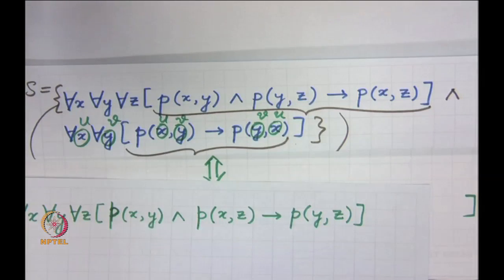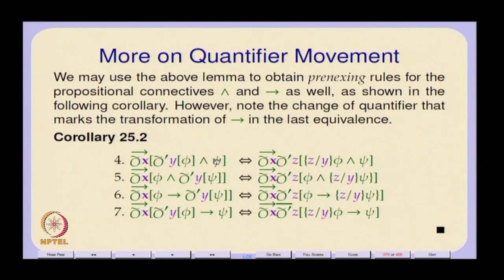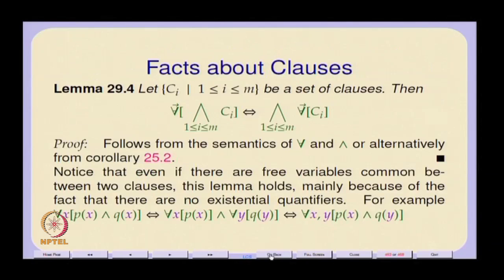Okay. So here is the reference. So this quantifier movement essentially tells us that we can do all these kinds of manipulations. Okay. So that's what our universal closure gives us. So this is one fact.